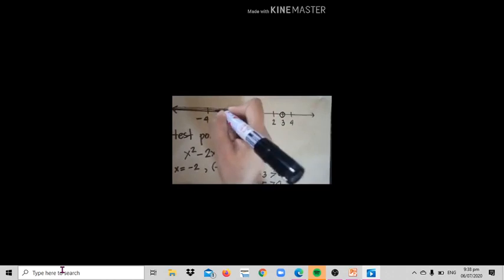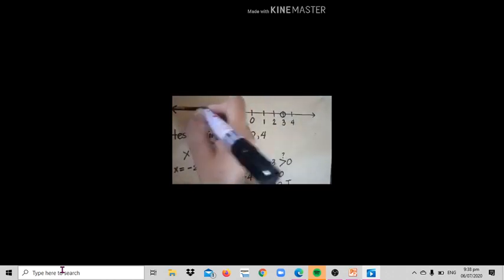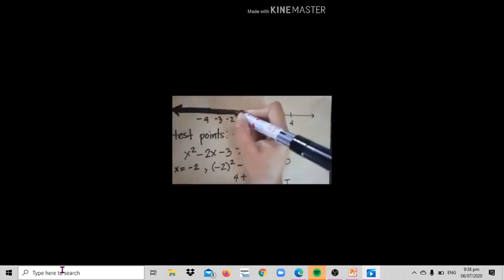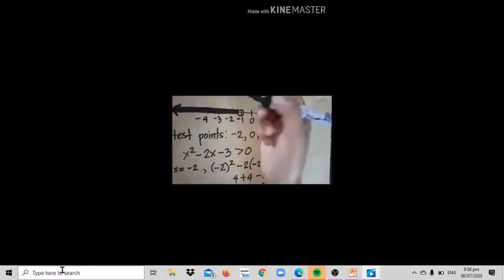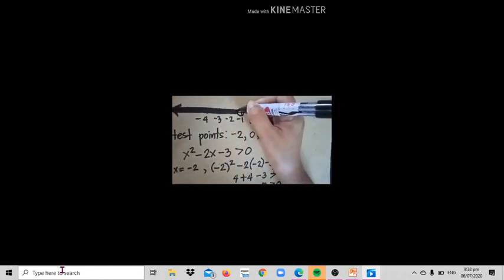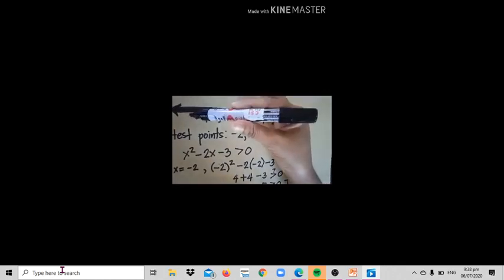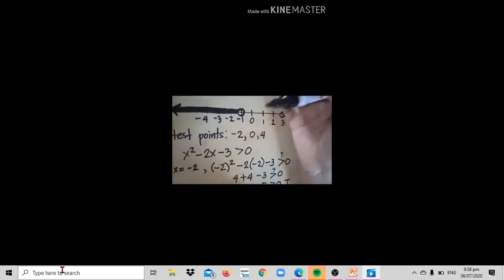Ito yung region doon sa number line natin kung saan part siya ng solution set. Okay? Take note, hindi kasama yung negative 1. So, whether we are going to make use of negative 3 or negative 4 or negative 10 or negative 100, the mathematical statement that we are going to produce, if we substitute that to our original inequality, is a true mathematical statement.